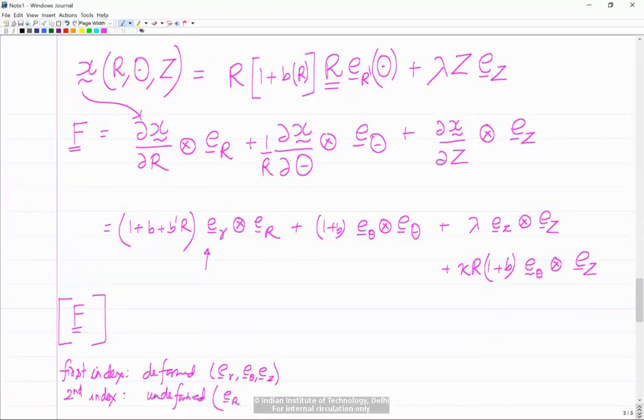So for each of the tensor directions, you can use a different coordinate system. It need not be the same coordinate system for all of them. So this is called mixed representation.